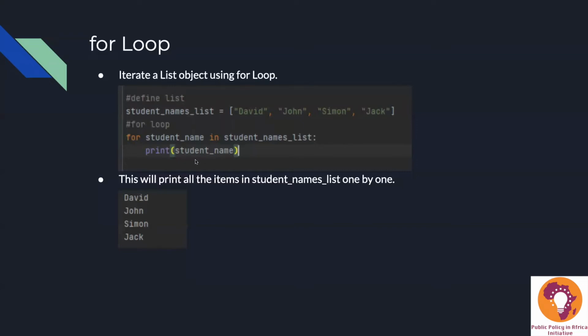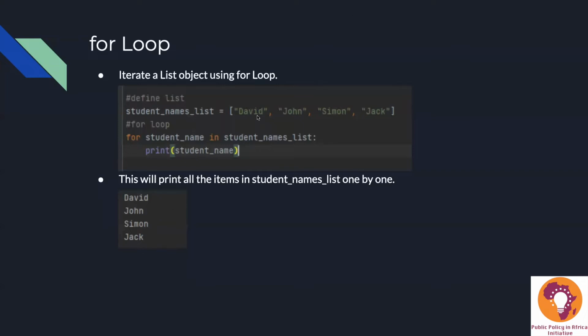In this case, we're just going to print out the student name. Remember that every time you do a print, it prints on its own line. So when we execute this loop, it'll print all the items in the student names list one by one: David, John, Simon, and Jack, each on their own line, because that's the statement that we have here. But if we wanted to do anything else with it, we certainly could.